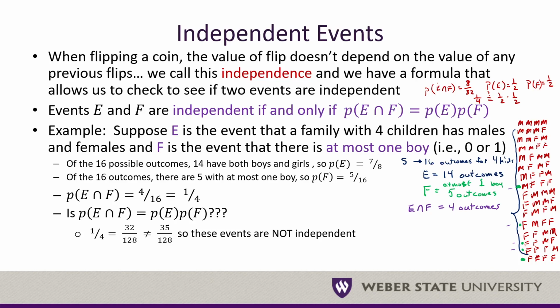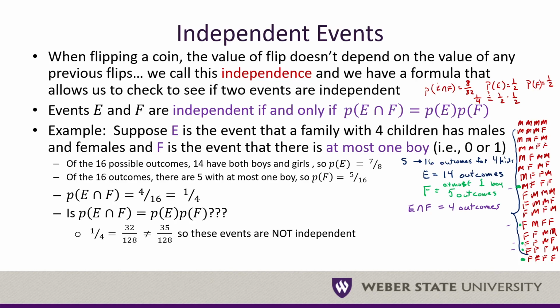Well, does 1/4 equal 7/8 times 5/16, which would be 35/128, if I multiply those two numbers together?